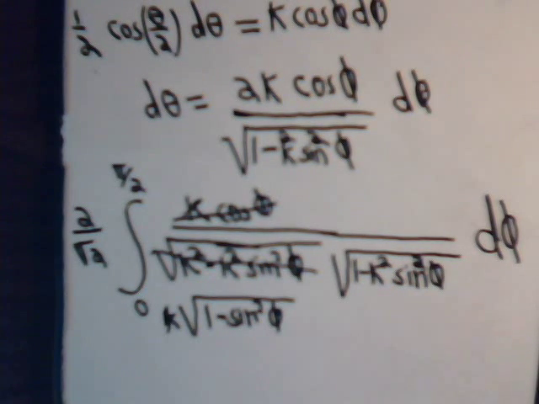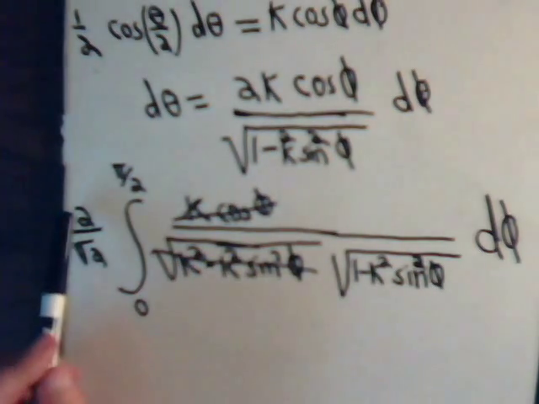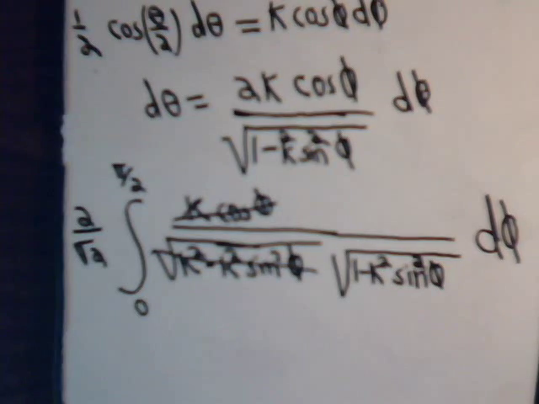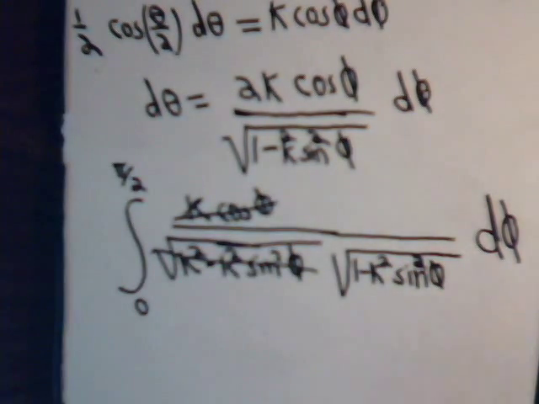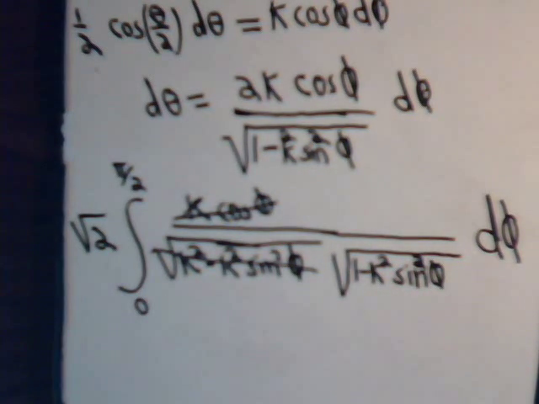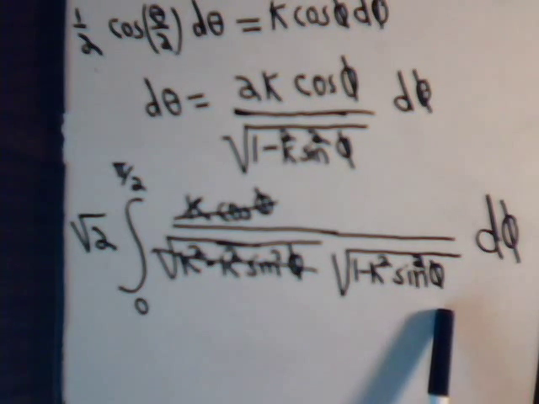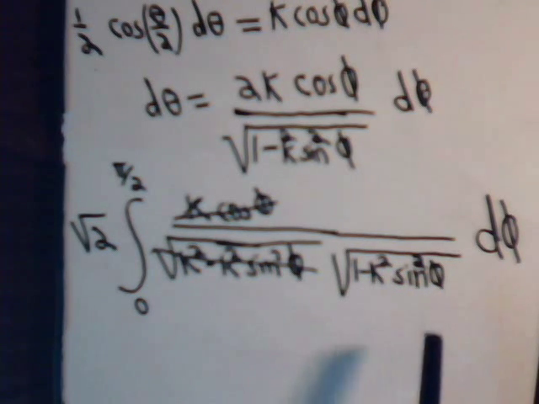So let's do this. I don't need this any longer. And 2 divided by the square root of 2, of course that is the square root of 2. So we have this. So our integral then is just d phi divided by this. So let's write it like that.